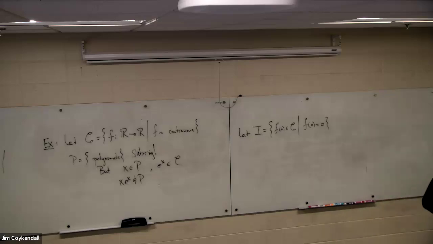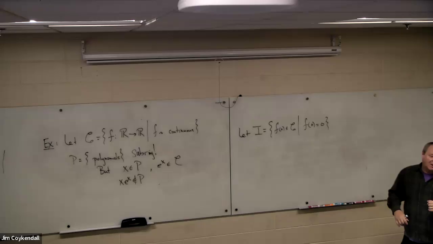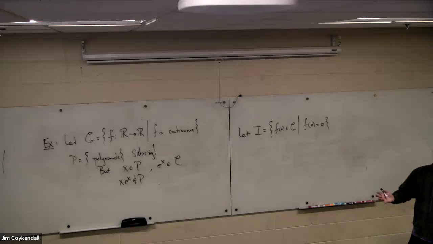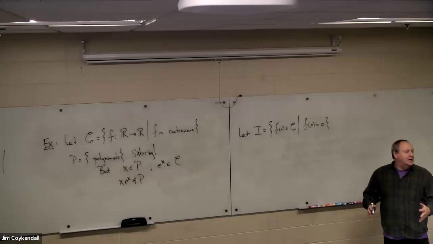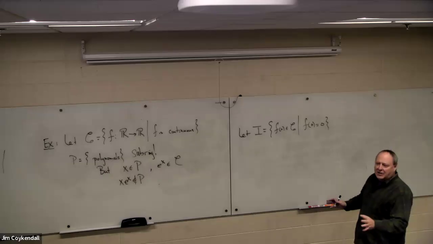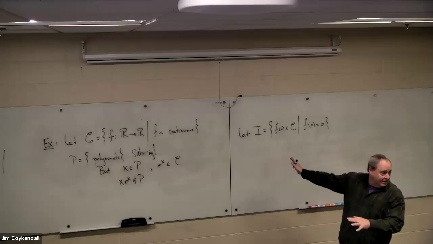What's one function that is continuous everywhere and is 0 at 0? x. Right, x works. How about this? Let me show you what a lazy critter I am. 0, the function y equals 0, is an example. Sine x, x squared times e to the x. There's lots of stuff in here, right?